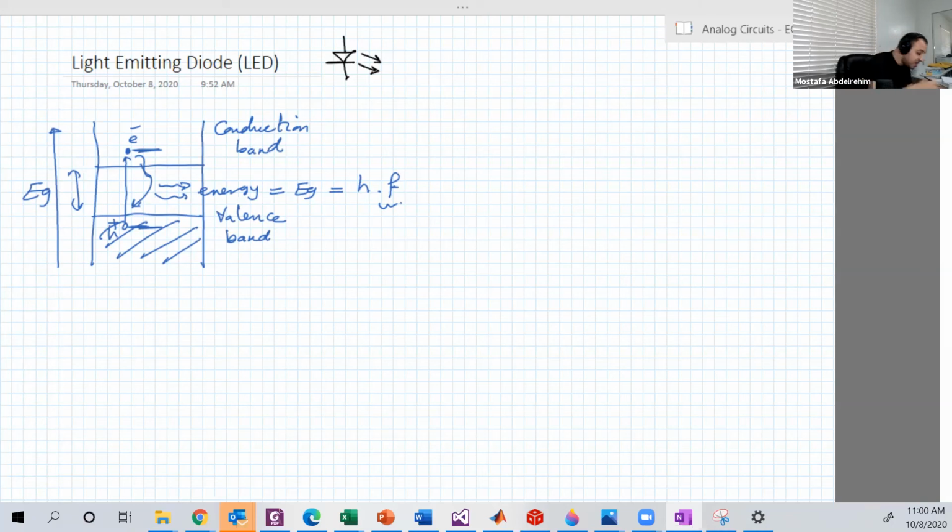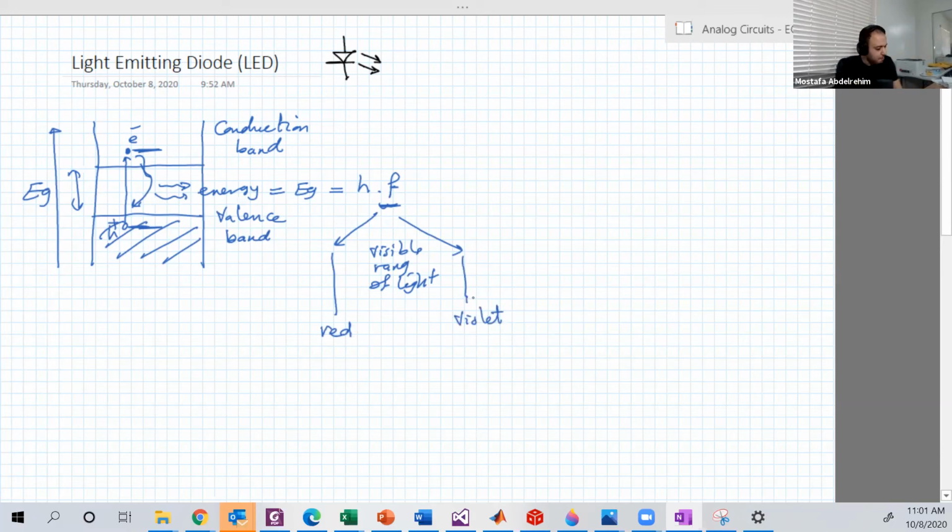But this frequency should be in the visible range between red and ultraviolet. So if this frequency lies in the visible range of light, then we can see light. This visible range is between red and violet.